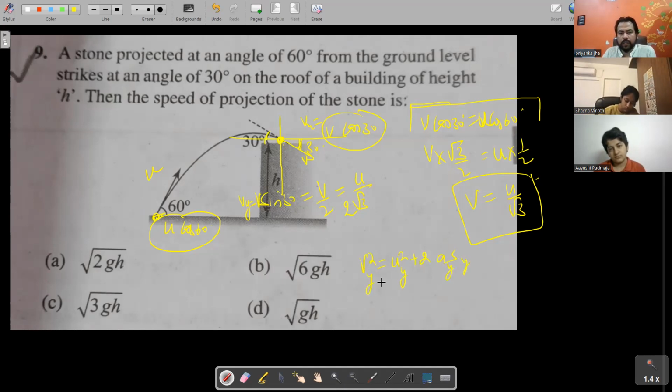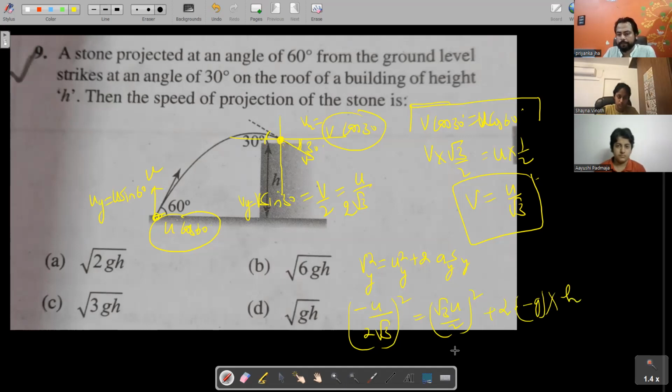So V square is minus, this is downward, U upon 2 root 3 whole square, equal to Uy, the initial component, that is U sin 60, that is root 3 U by 2 whole square, plus 2 AY, that is minus G, and displacement is upward, that is plus H. You can see here, this will be U square upon 12.